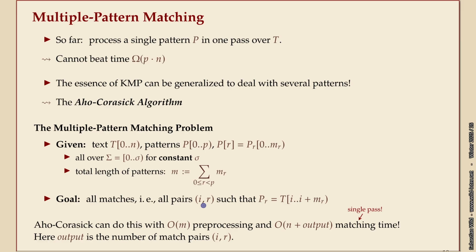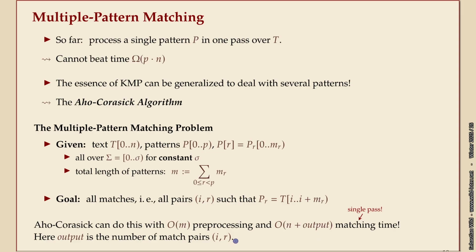If the patterns are all A's of different numbers of A's and the text is all A's, right? And at every position you find all the patterns. You're very happy, but the output is bigger than the text. It's a bit of a degenerate case. But to make this generally true, you have to say the running time depends also on the size of the output, the number of these pairs.